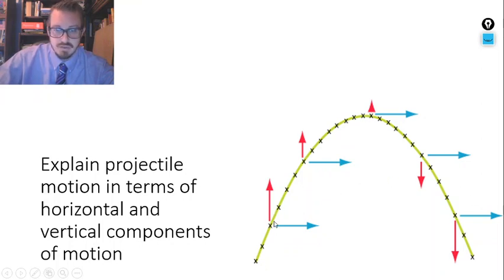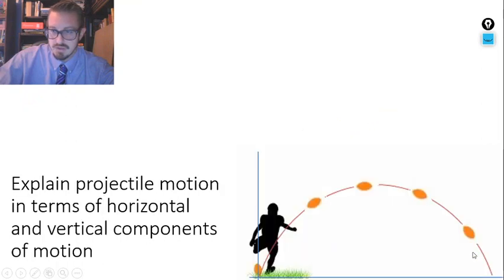So if we were to draw the resultant between the blue and the red arrow at any one of these points, we'd see that it would trace out this path that the object actually follows, which is a parabola, like somebody kicking a football there, or a golfer teeing off on a golf ball.